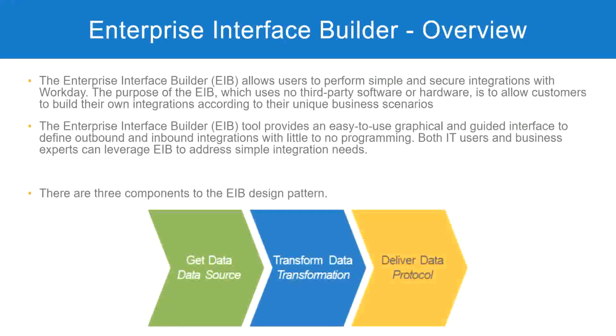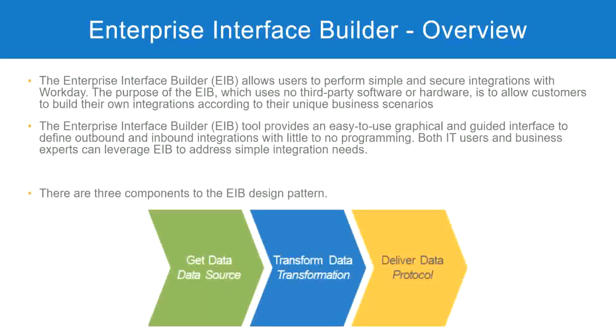The second step would be to modify the data, or translate the data, or transform the data into a format expected by the recipient. That is transform data. The third step will be to send the data to the recipient or to deliver the data.